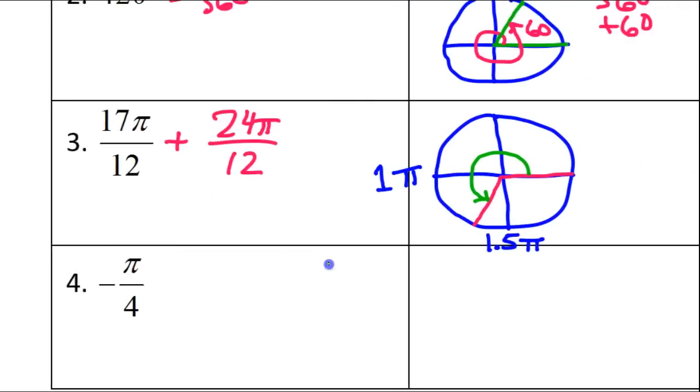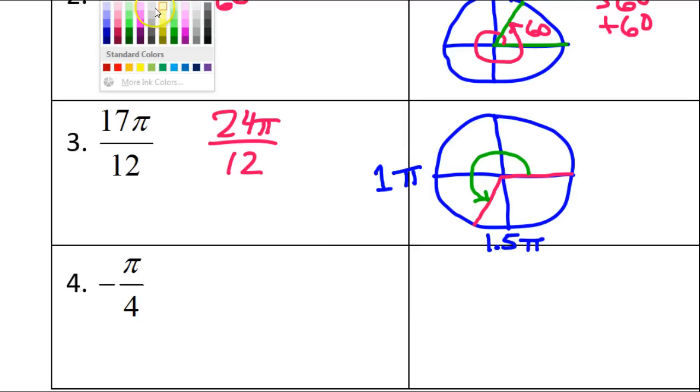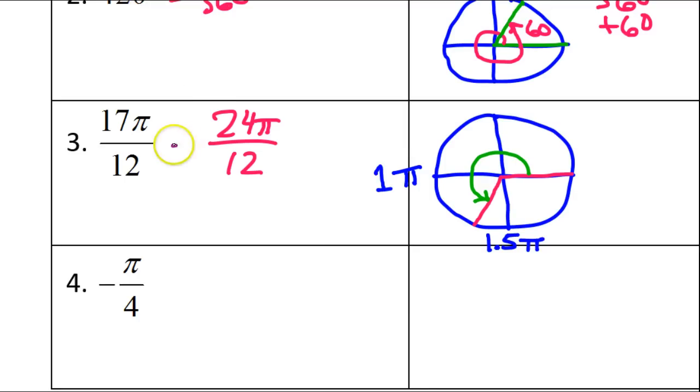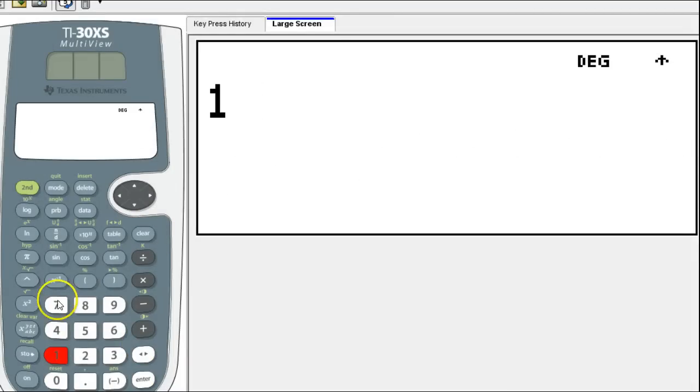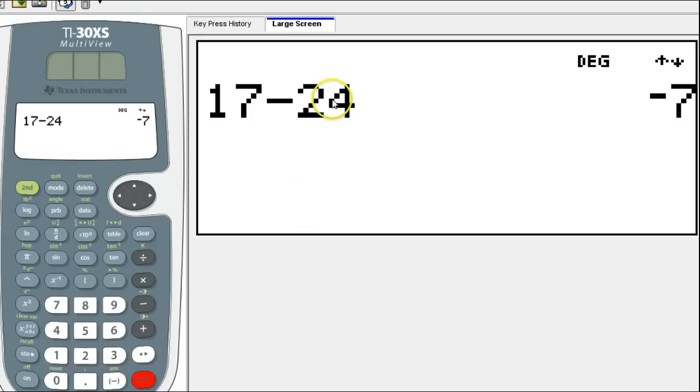So if I want a negative coterminal angle, I need to subtract 2 pi, which is the same thing as subtracting 24 pi over 12. Now you could probably do this in your head, but 17 minus 24 is negative 7.